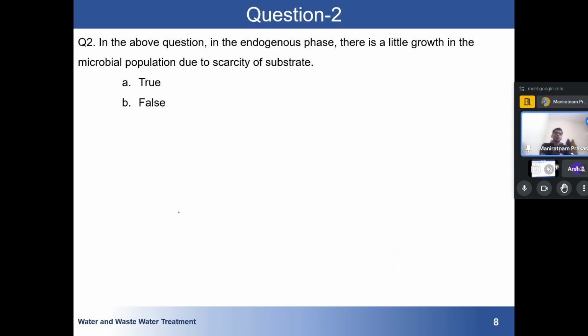The second question is true or false based on that. If you have read about this endogenous phase, you can easily answer this question. In the endogenous phase, there is a little growth in the microbial population due to a scarcity of substrate. Substrate is also known as organic matter.